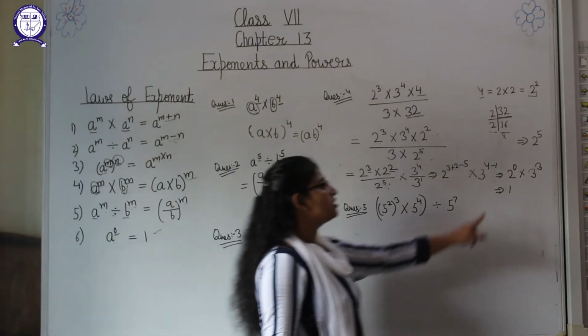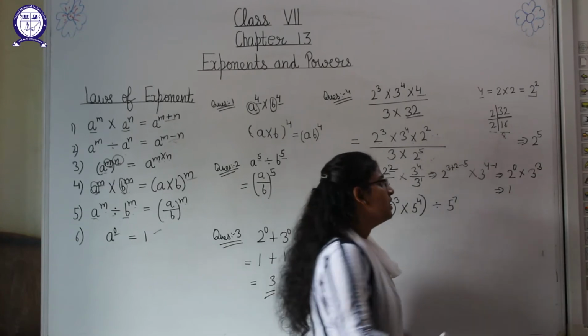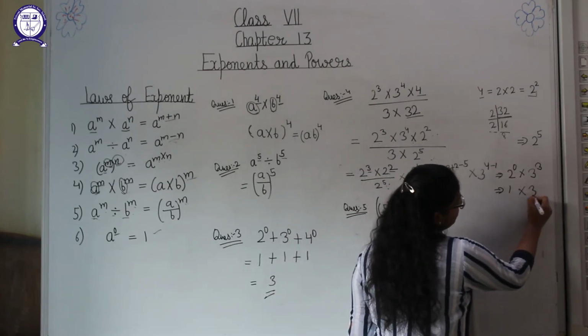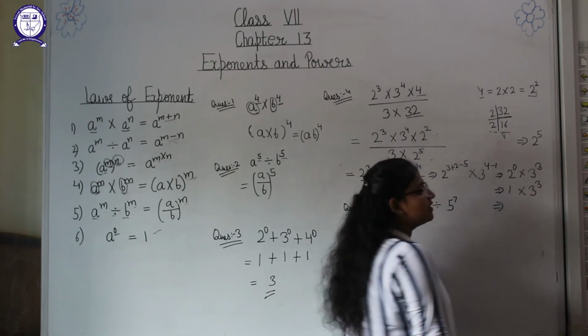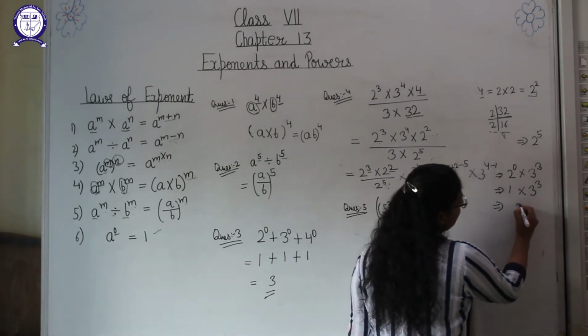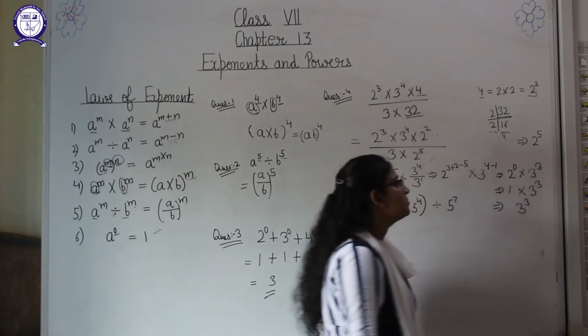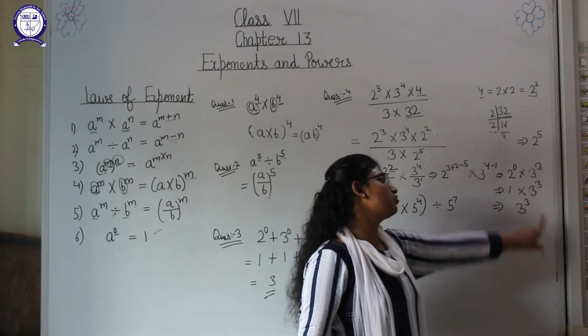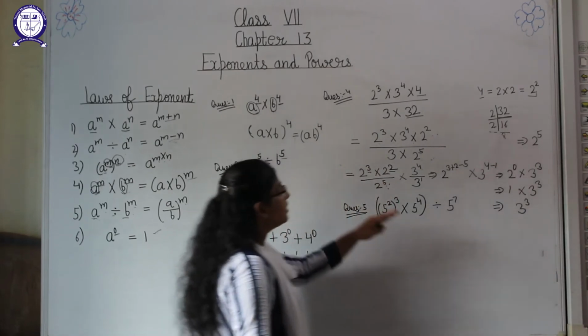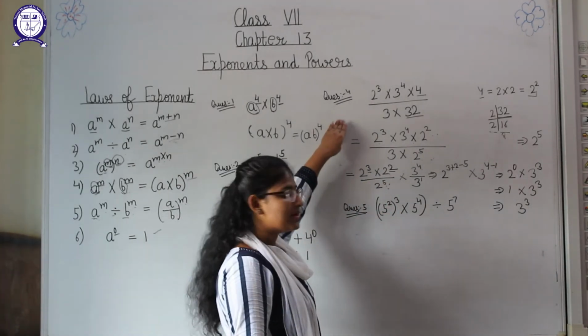So here 2 raised to the power 0 will be 1, and here it is into 3 raised to the power 3. So 3 raised to the power 3 into 1, what will be the answer? 3 raised to the power 3, because when something is multiplied by 1, its answer is the same, means 3 raised to the power 3. So it is our answer for our fourth question.